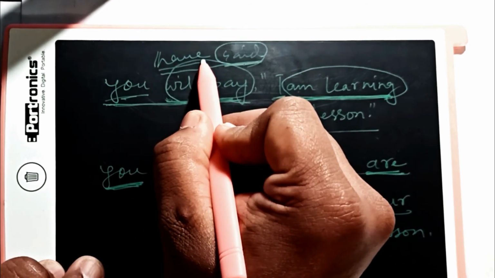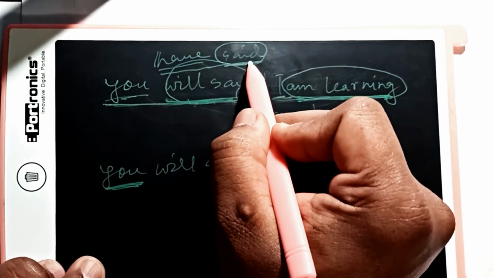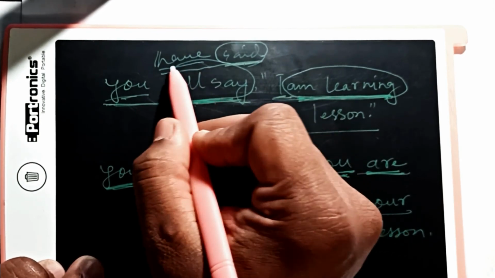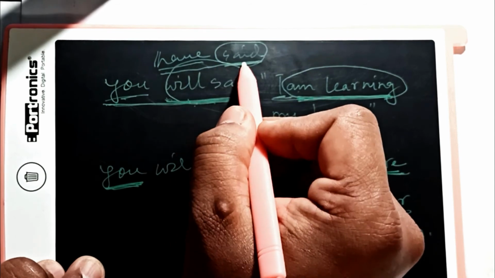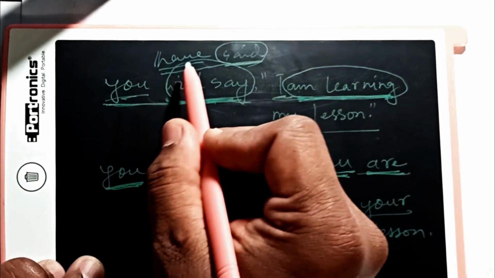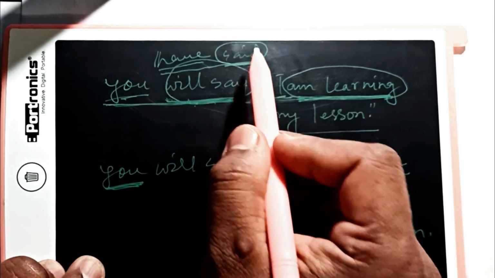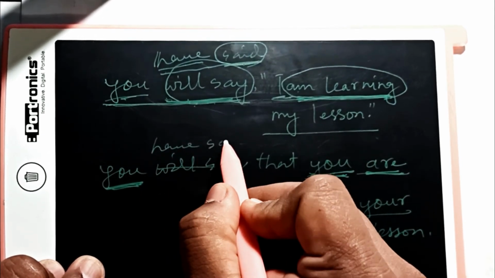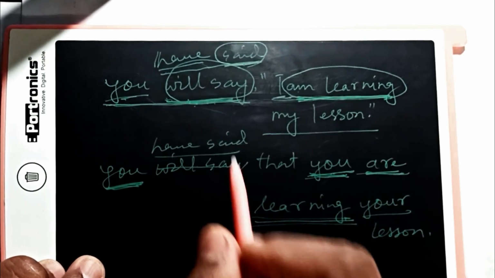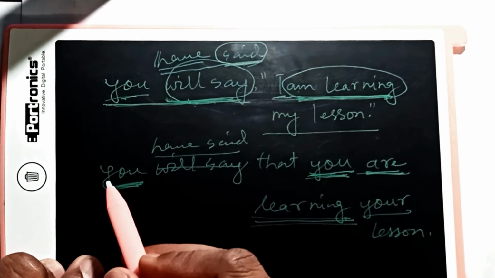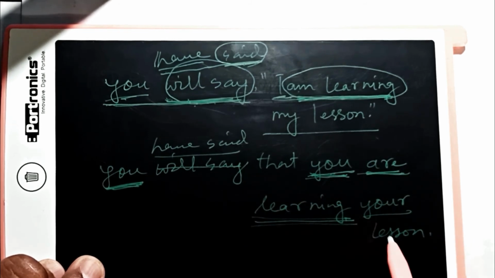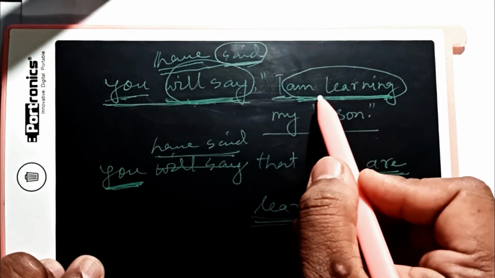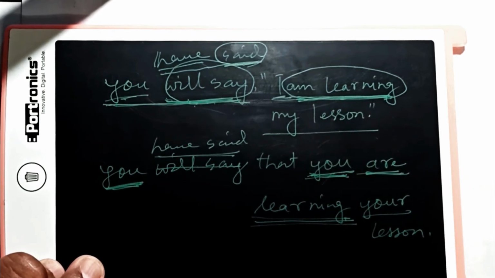You see the auxiliary verb that heads before this, which is present, "have". Okay, so it is present perfect. Present perfect after all is a present tense. So you have said. When you write you have said, you just write you have said. This will remain as it is. You will not do any changes in this case. Okay, you have said that you are learning your lesson. So with present tense also it still remains as it is, present continuous, it doesn't change.